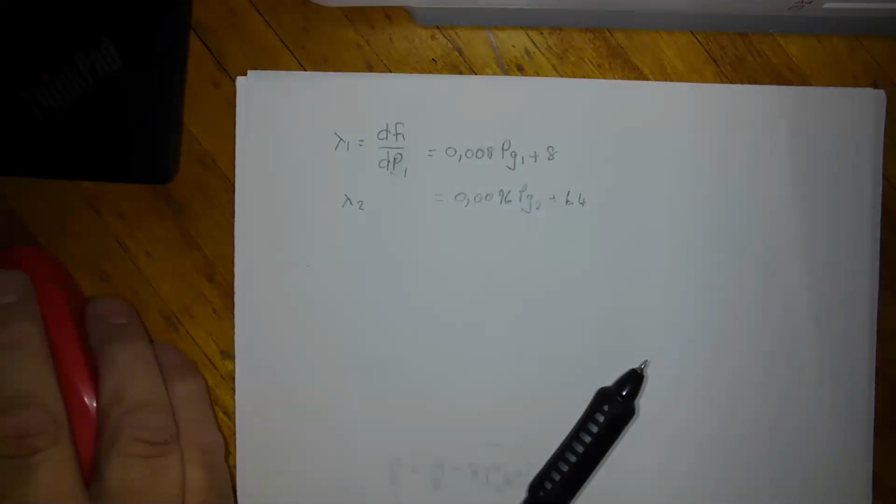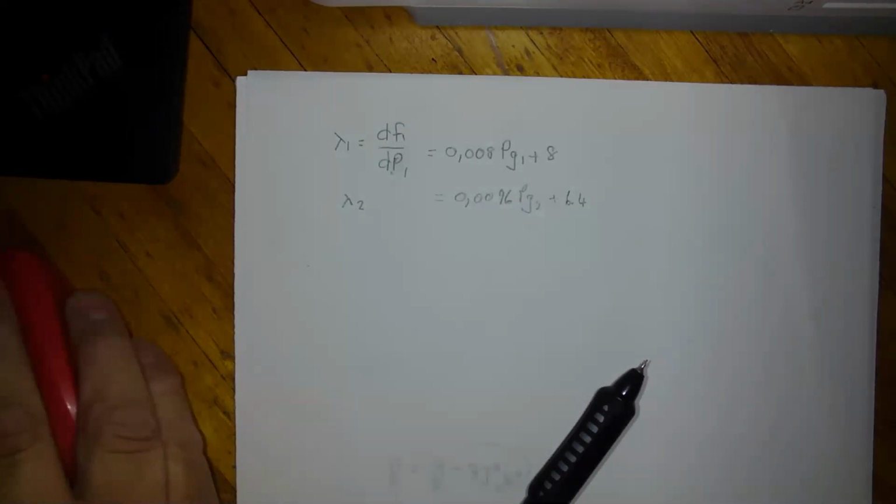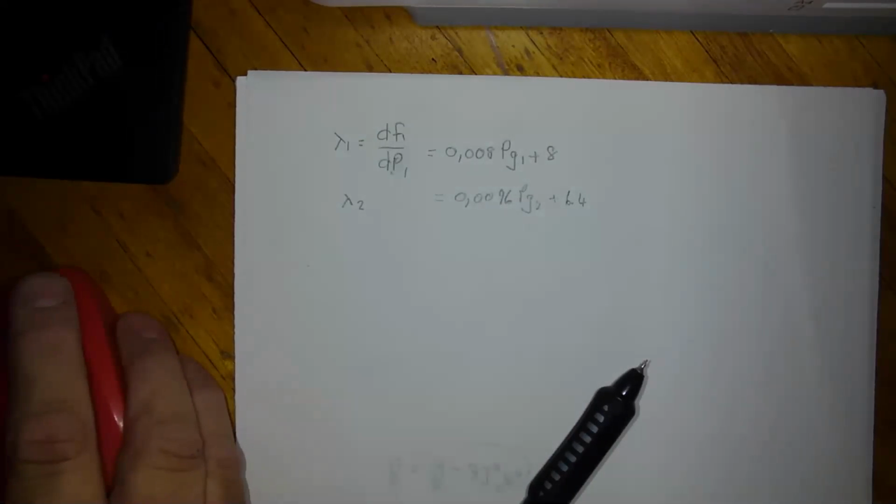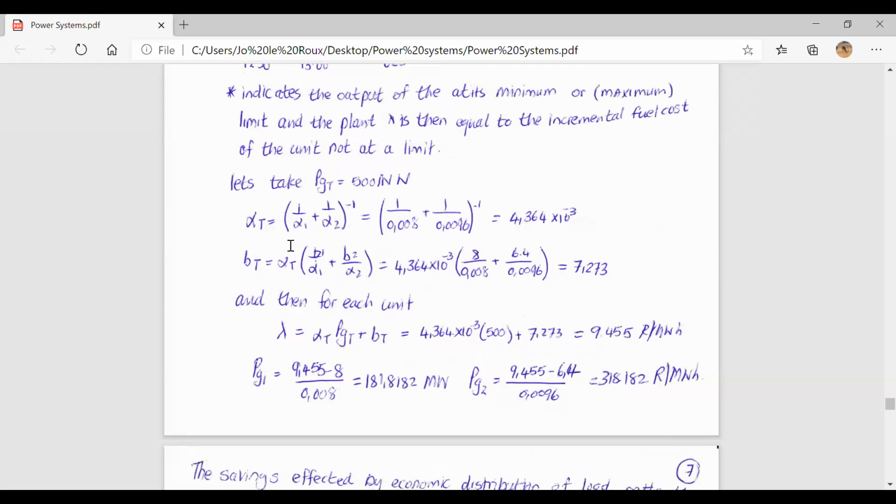Let's look at the example there: 1 over alpha 1 plus 1 over alpha 2. Alpha is the number before PG, so that is 1 over 0.008 plus 1 over 0.0096.